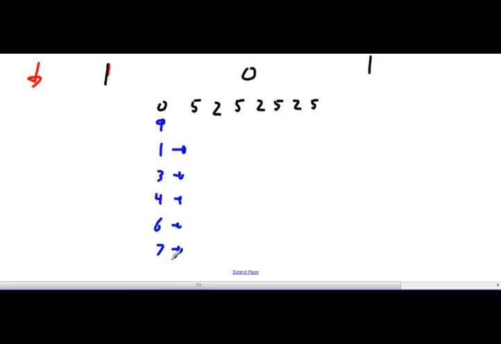Because Q is coming from the first flip-flop to the J of the second one, and Q naught is coming from the first one to the K of the second one. So whatever the Q and Q naught are, they're being assigned to the J and K. Yeah. So if the Q is 0, Q naught is 1.